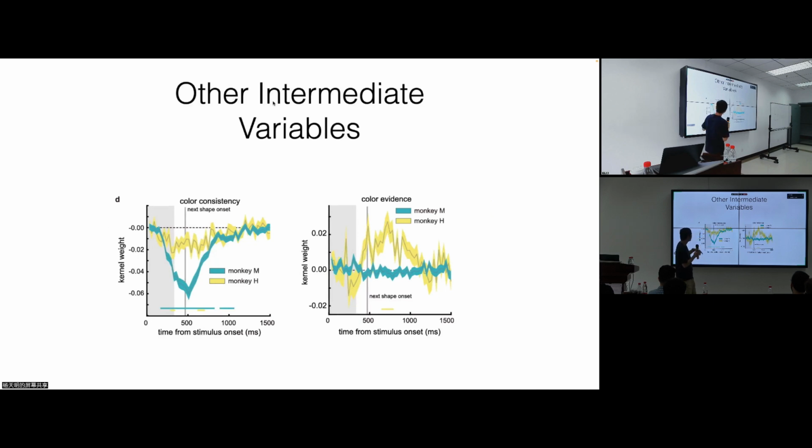We found this information is computed only in monkey M. The other route is where you first just compute the shape weight and shape color together to calculate the evidence for a particular shape. And this is only from monkey H. So we have two monkeys, and it looks like the two monkeys are taking two different ways to do the computation. But in the end, neurons in both monkeys encode the accumulated evidence.